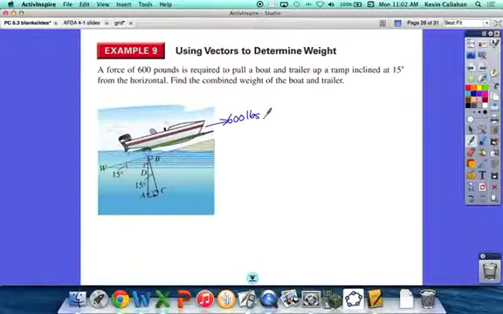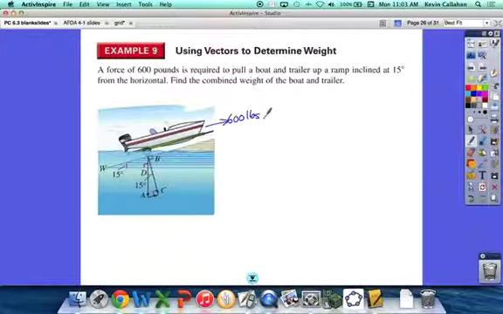I have a little bit of a problem with that, because if that's what's pulling it up the ramp, then it's actually moving. It's not just balancing the weight which is pulling down, because if that was the case, it would be still. It actually says it's moving. Most of these problems make clear that it's not moving, so that those two forces balance. And here we're just going to say that it does anyways.